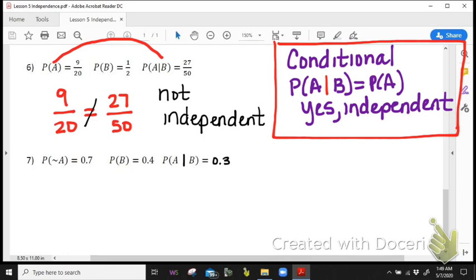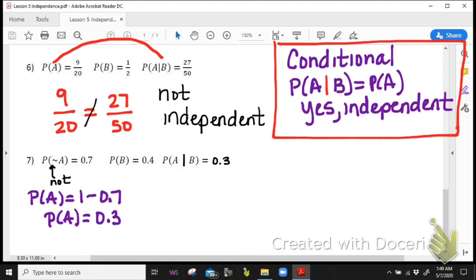Number 7 is a little tricky because it says the probability of not A. If you recall, this symbol here, that little squiggle sign, means not. So if I know the probability of not A, the probability of A will equal 1 minus 0.7. So the probability that A does happen is actually 0.3.